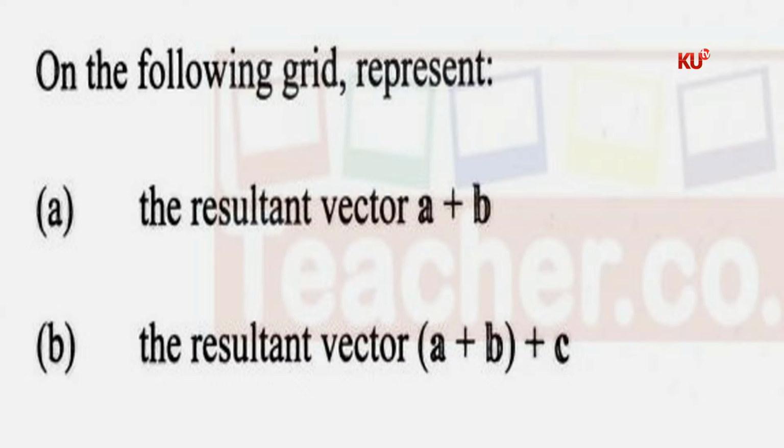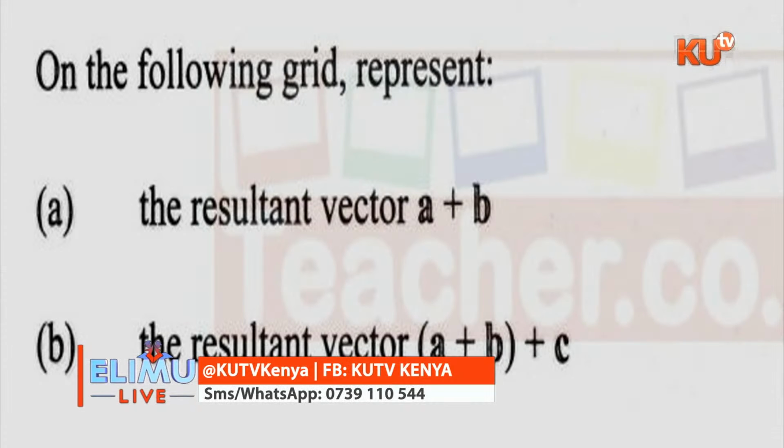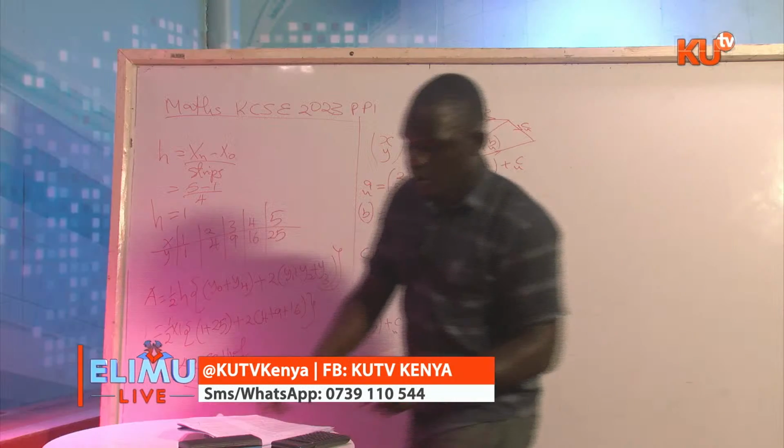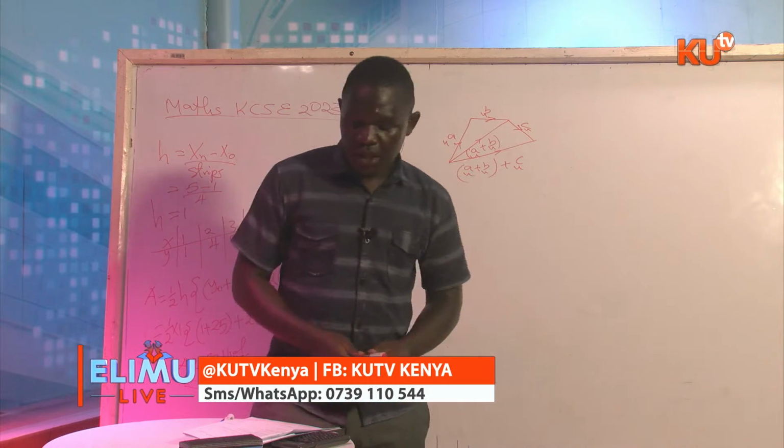So diagrammatically it should appear that way. So this is my C. Now, this is the vector they are calling vector A plus B, then onto it they are adding vector C. So that is what you are required to do on that question.